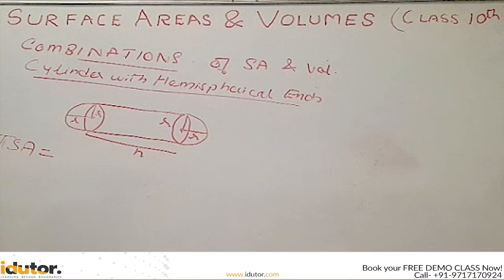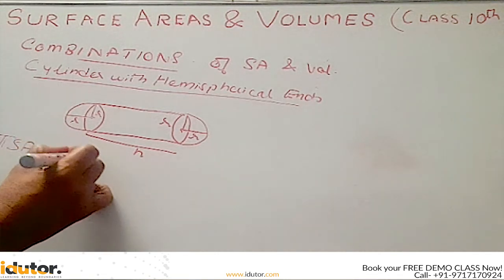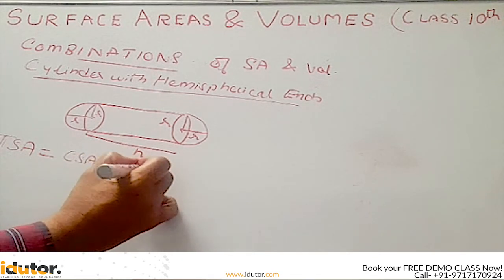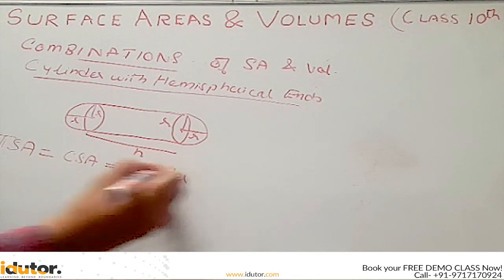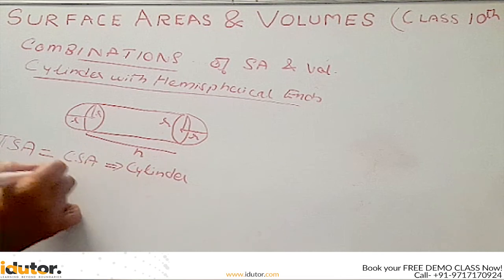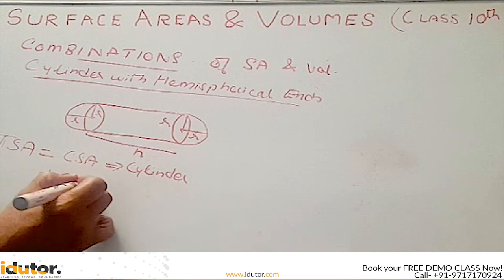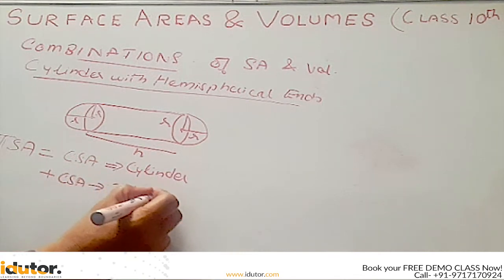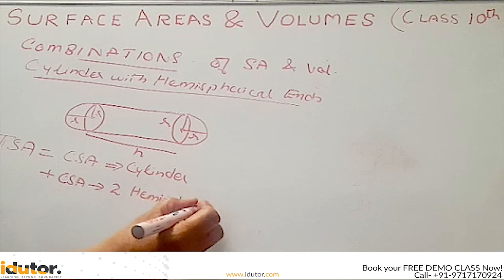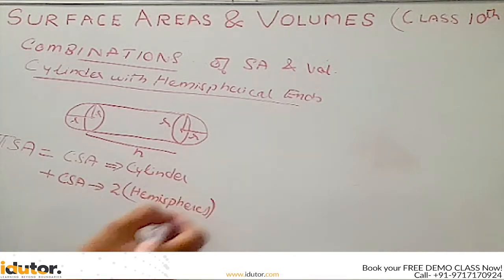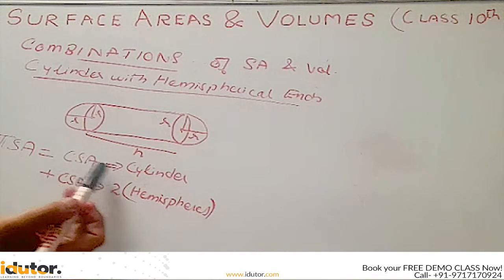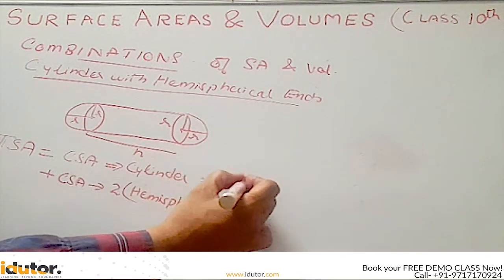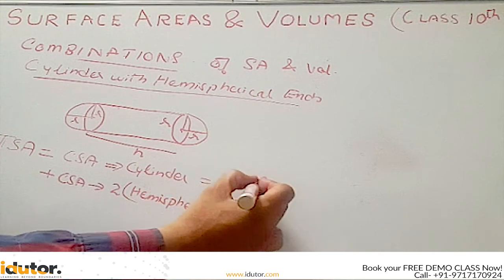Okay, TSA will be equal to CSA of cylinder plus CSA of two hemispheres. So, what is the CSA of a cylinder? You know that it is 2 pi r h.